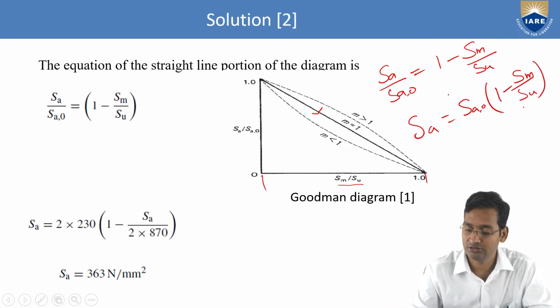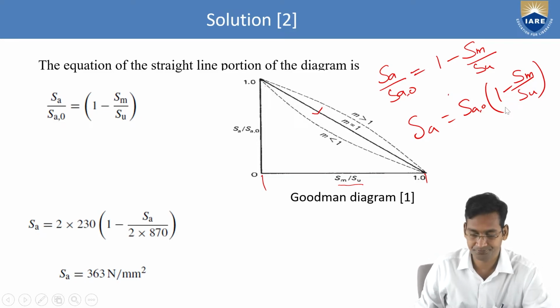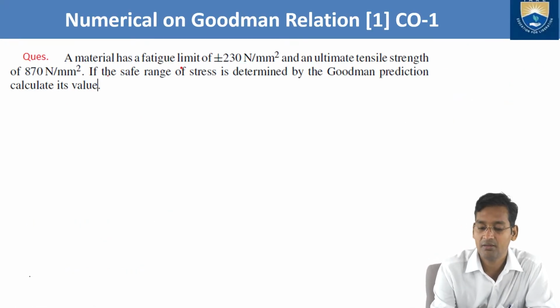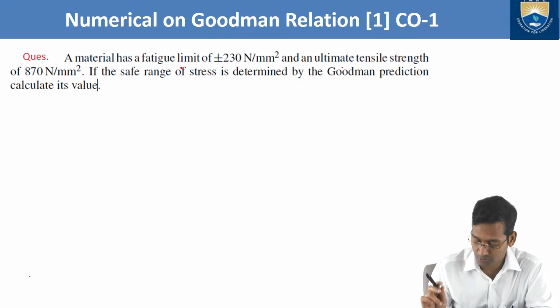Okay, now this is given. So now see what is given in the question. The fatigue limit of ±230 and ultimate tensile stress of 870 N/mm². The safe range of stress is determined by the Goodman prediction.